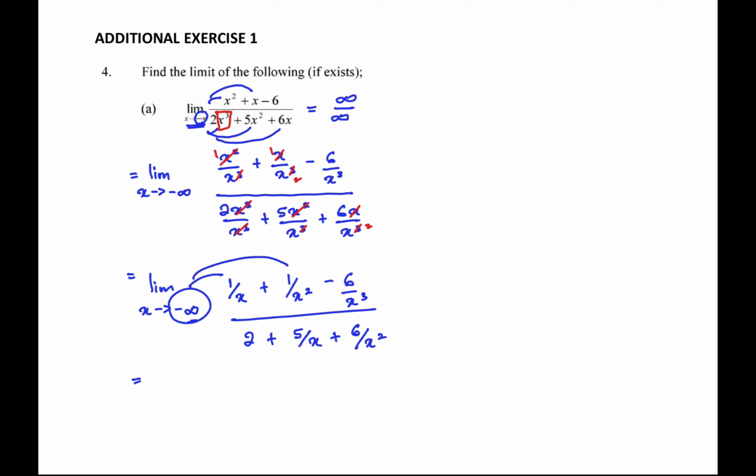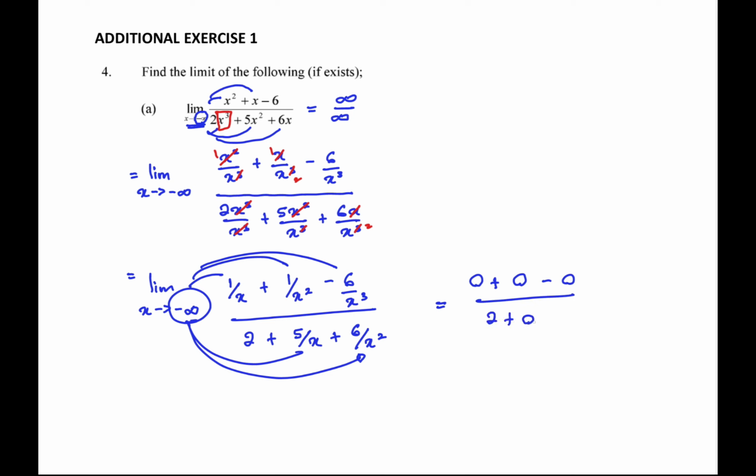Substituting 1 over infinity here, you get 0 plus 0 minus 0 divided by 2 plus 0 plus 0. So your answer is 0 over 2. Your final answer equals 0. That is the answer for question 4A.